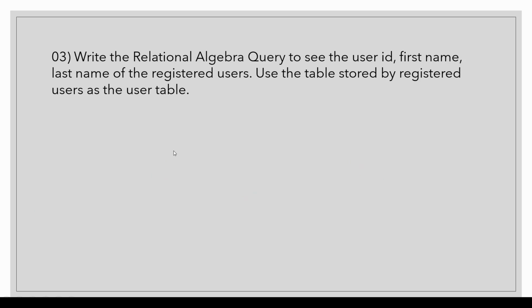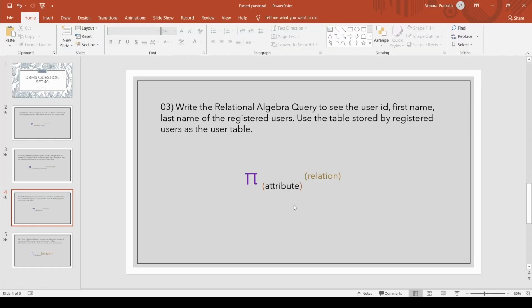Here's the third question. Write the relational algebra query to see the user ID, first name, last name of the registered users. Use the table stored for registered users as the user table. In this case, we have to show three attributes: the user ID, first name, last name, and those details are stored in the user table.